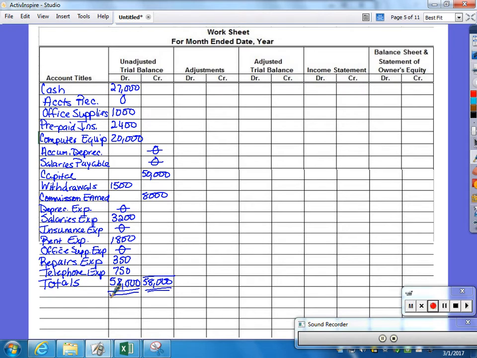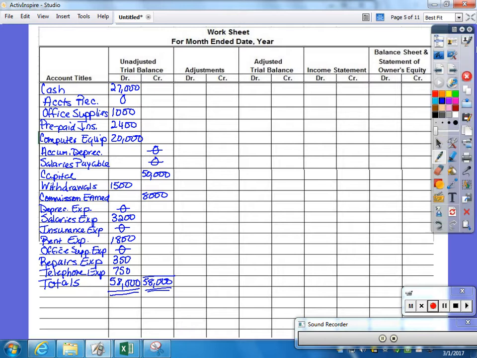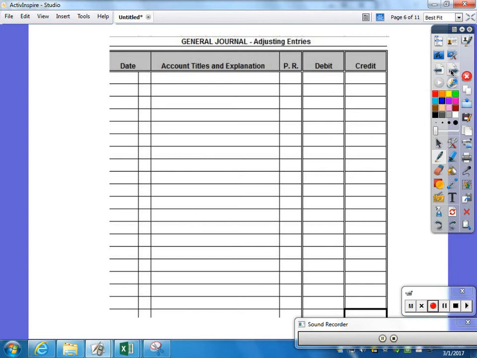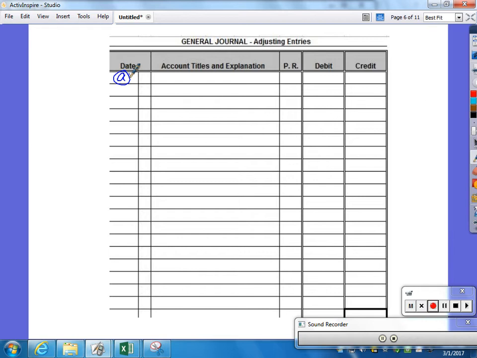A says 2/3 or $133 of 1 month's insurance coverage has expired. So our adjusting entries, $133 has expired.